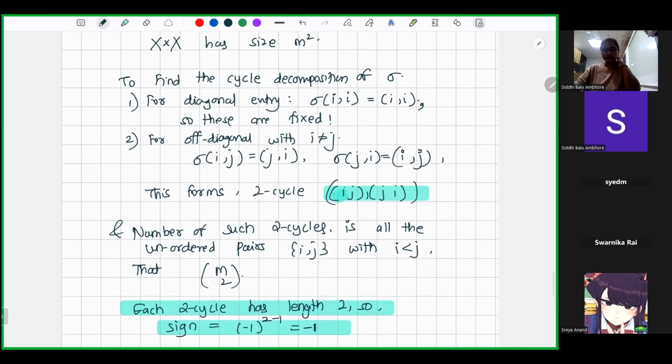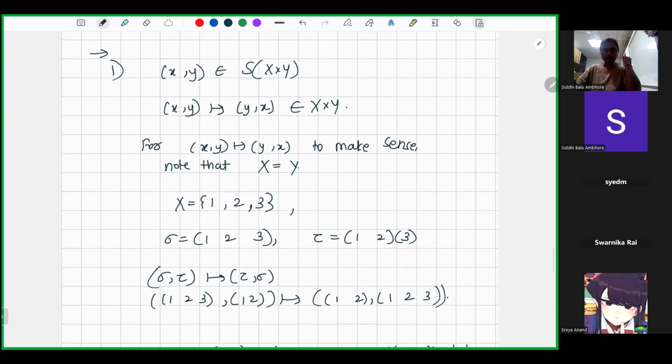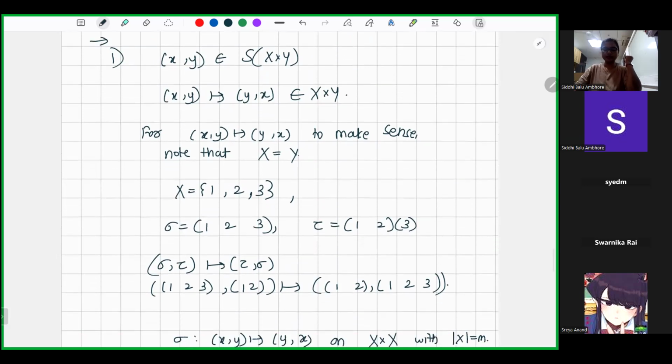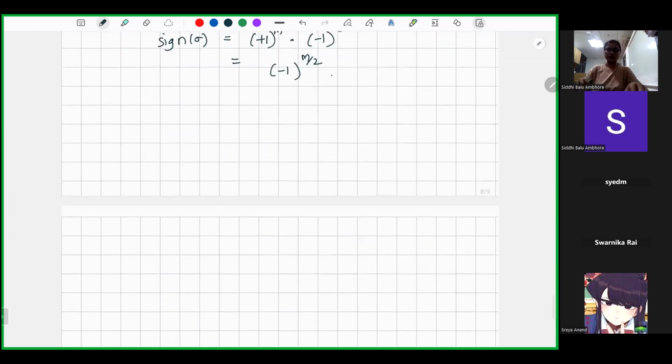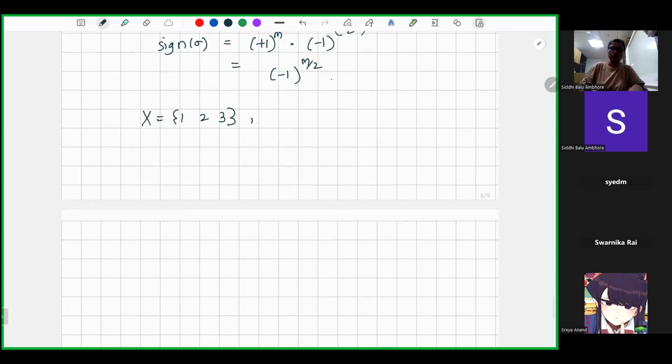Okay, I hope that's okay. So we are looking at x cross x, and x cross x was going somewhere. For example, suppose my x is {1, 2, 3}. We are talking about permutations on x cross x.